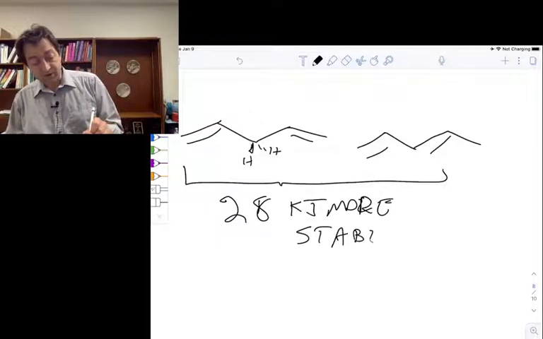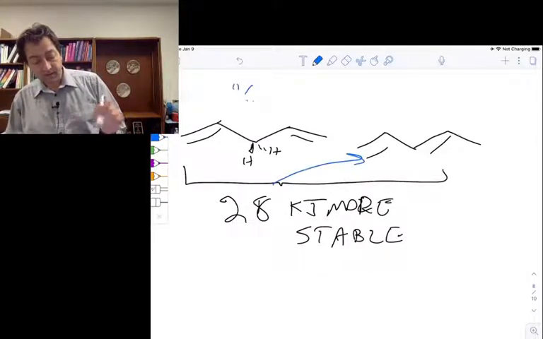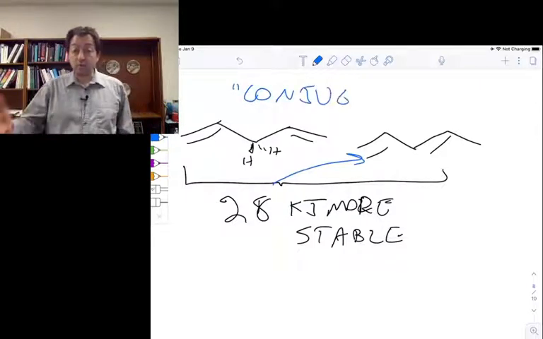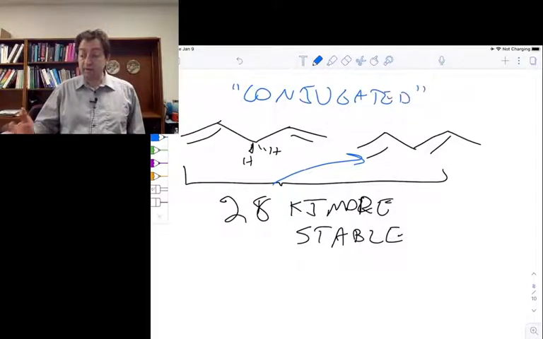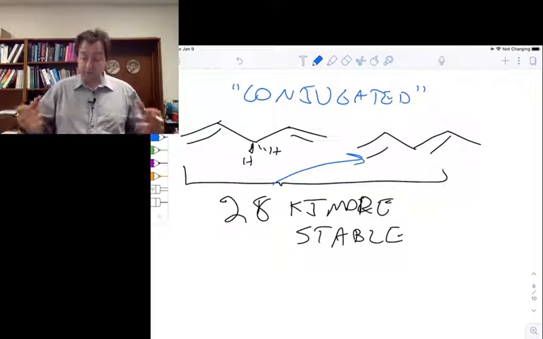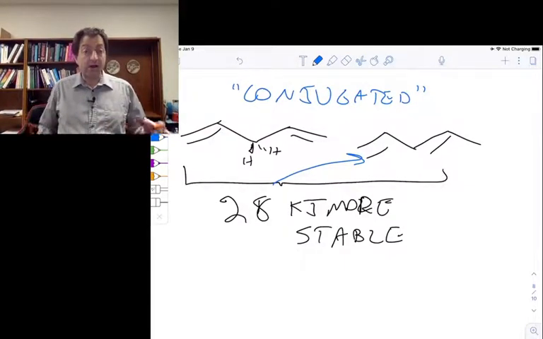So those conjugated double bonds are 28 kilojoules more stable than these so-called isolated double bonds. And you can refer back to that video that we posted a few weeks back now to get a little bit more detail on that explanation.